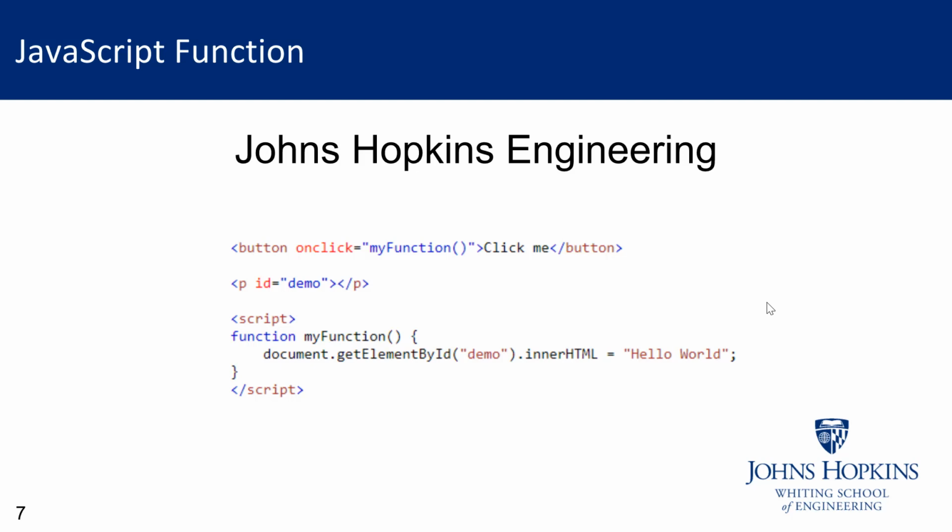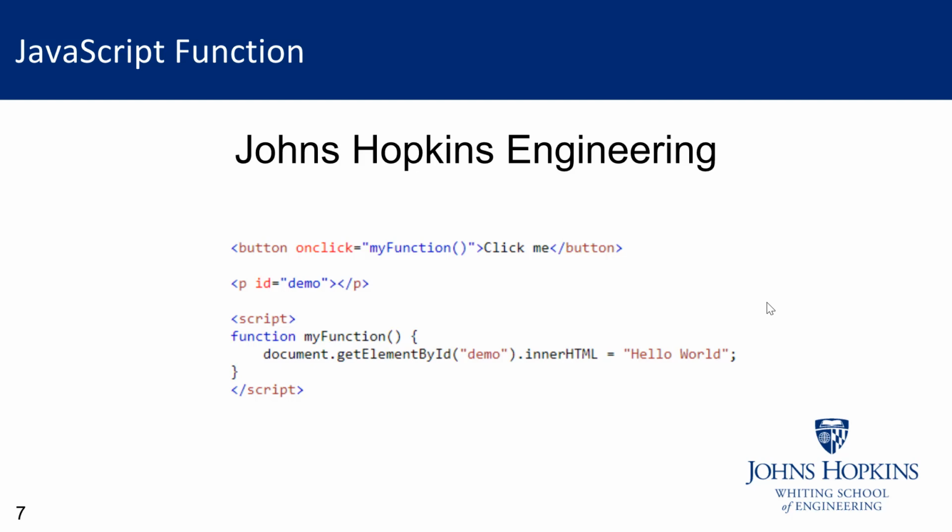And the third thing that you see here, again, is just another embedded JavaScript, and it declares a function called myFunction, but the code is a little bit different this time. So recall that a document in JavaScript is basically the container for the entire web page. So think of document as the page itself, and underneath of it, it has all the elements, the buttons and the drop downs and things like that. So we're going to call a very common method here called document.